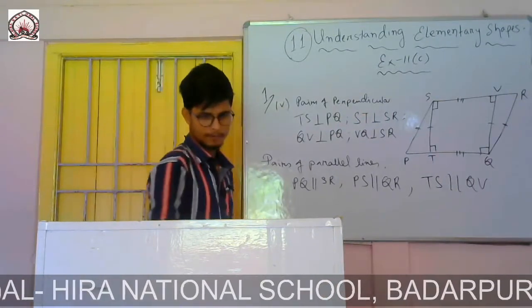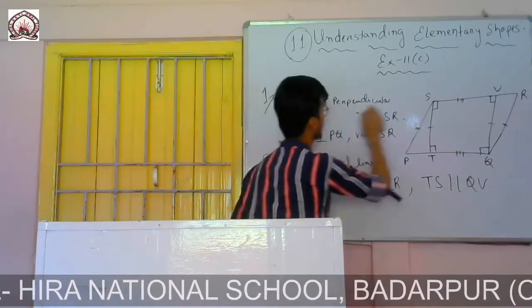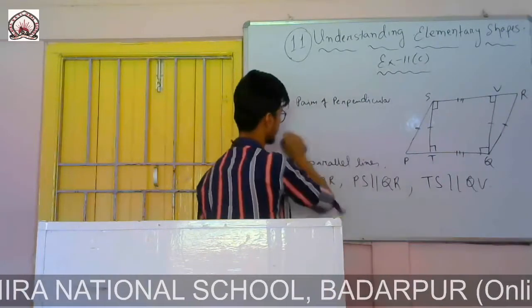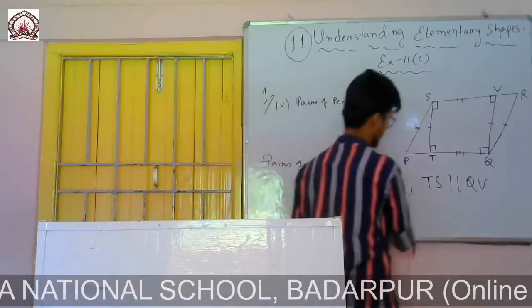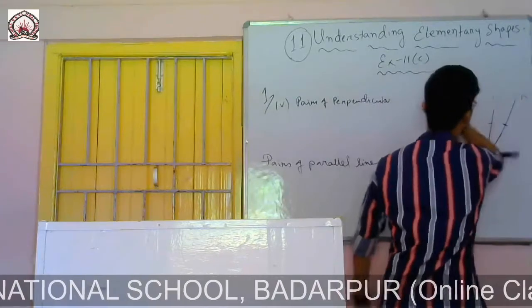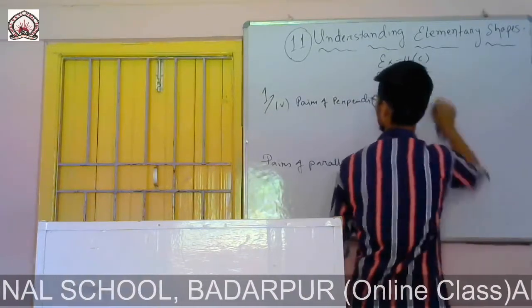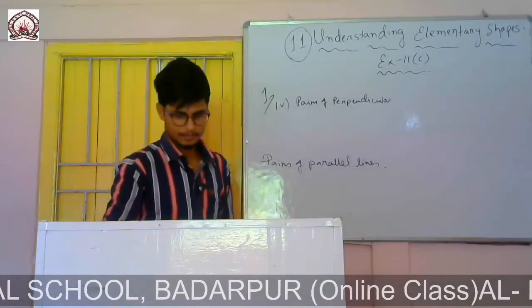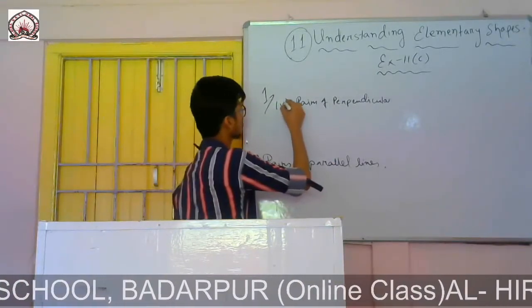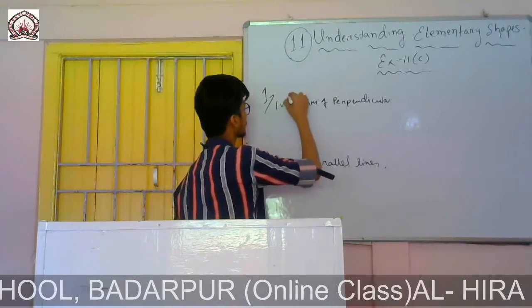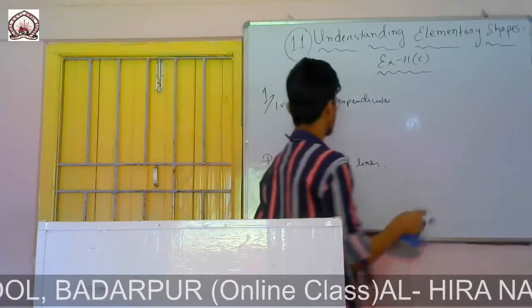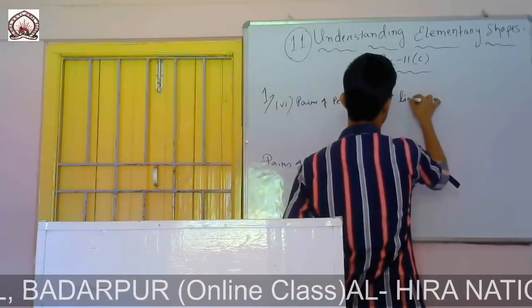Now Roman number 6. So there will be lines, right?